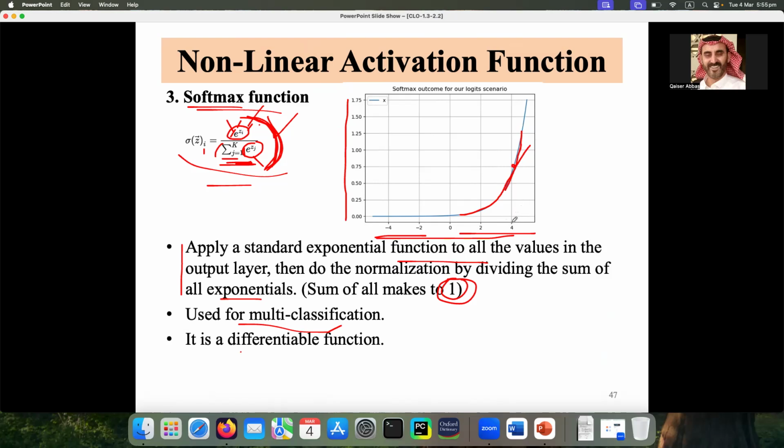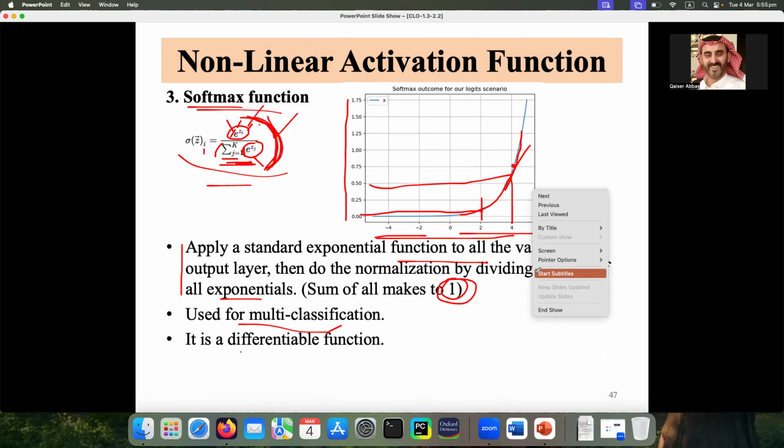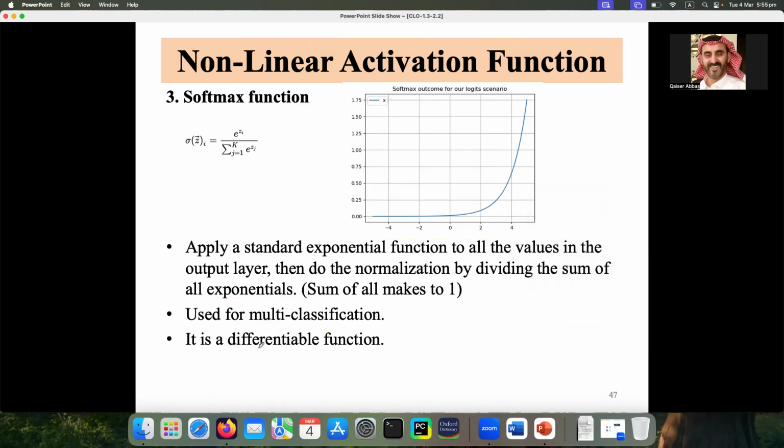If it is 2, where is it connecting? Here it is connecting, and then the y is here. So the change in y and the change in x is there. That's why we say it is differentiable. Increasing is also there, and from here decreasing is also there, but not like that.